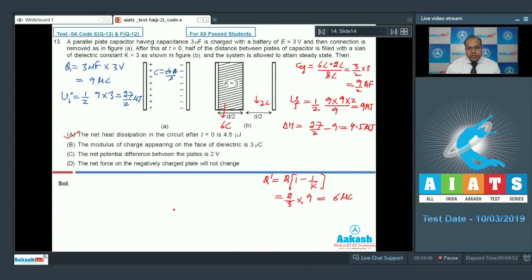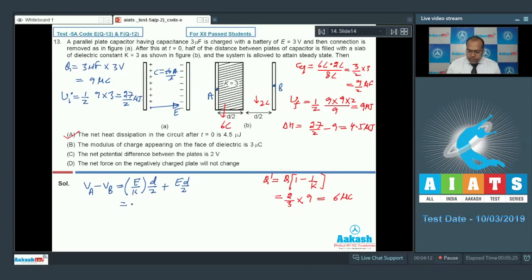In option C, the net potential difference between the plates is 2 volt. Suppose this plate is at A and this plate is at B. Then the potential difference VA minus VB can be written as, if the initial electric field is E in this region, E by K into D by 2 plus E into D by 2.